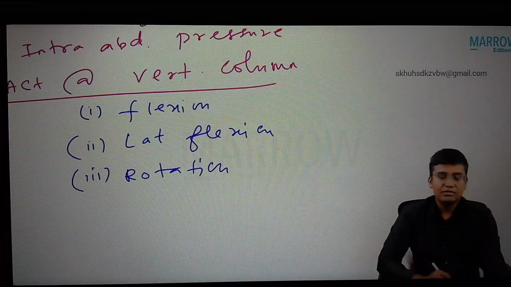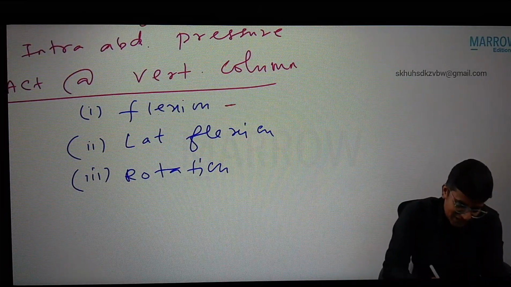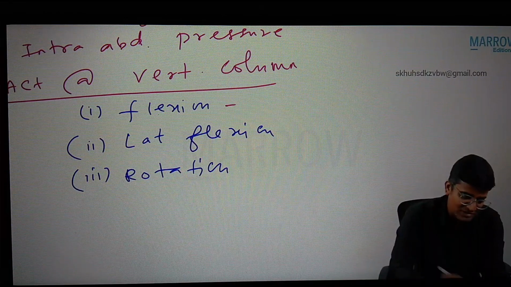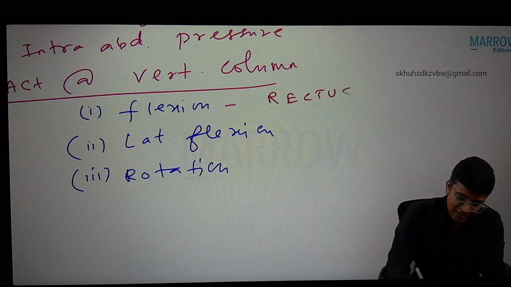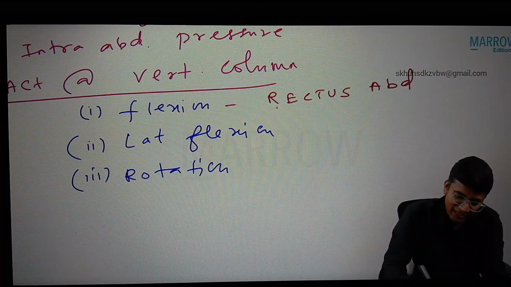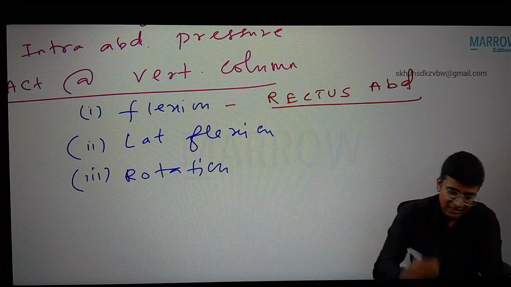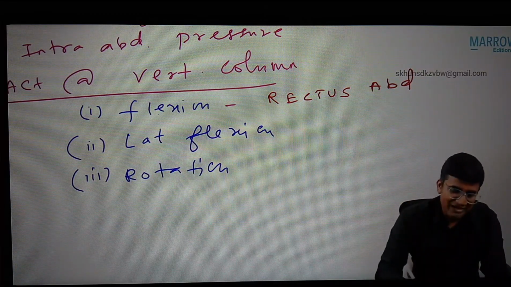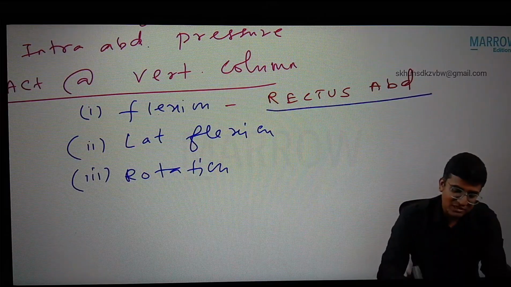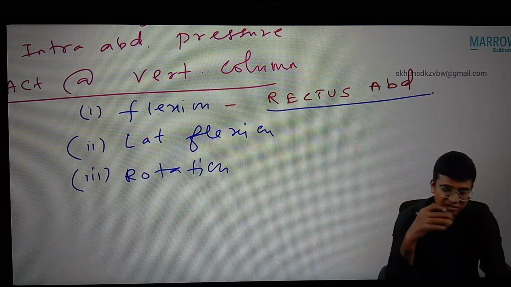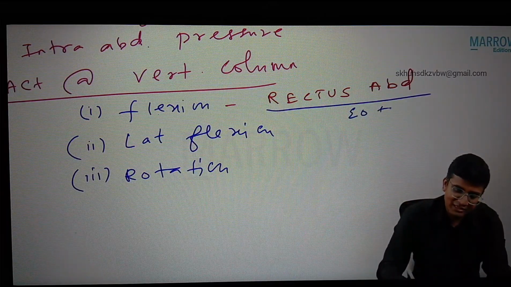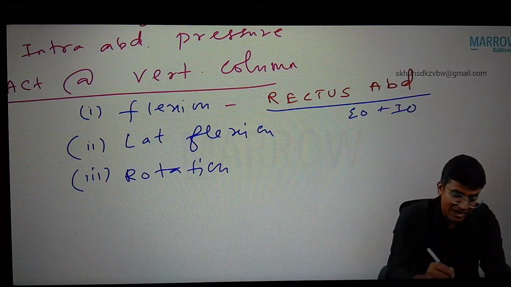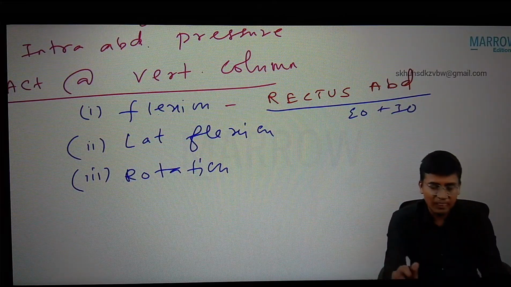Now flexion is mainly done by rectus abdominis muscle, and the oblique muscles and the transversus abdominis also help. So the main muscle is rectus abdominis, and other muscles give the contribution. The external oblique and the internal oblique also help the rectus abdominis. The main muscle, rectus abdominis only.